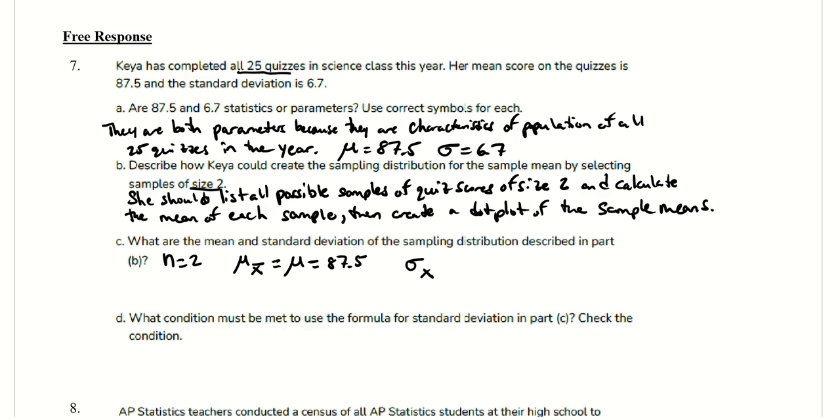However, the standard deviation, if the 10% condition is satisfied, is going to be sigma over square root of n. Sigma is 6.7, over square root of 2, and that gives you about 4.738 for the standard deviation.